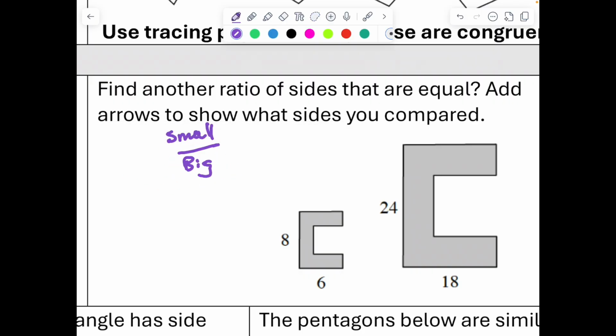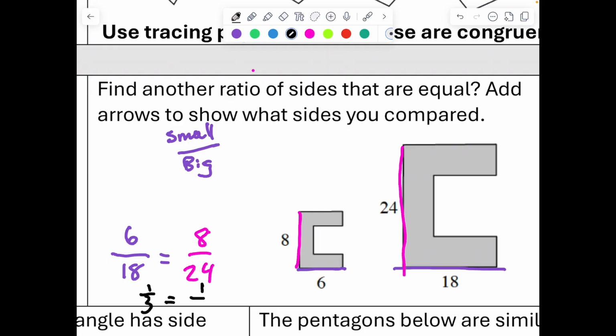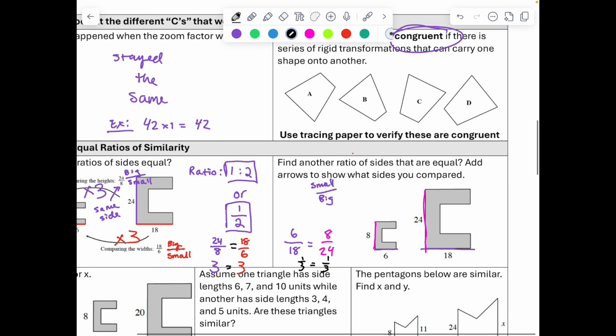So we could start with the small side, 6, and the big side on bottom, 18. And then we could also do 8 and 24. And this becomes 1/3 and 1/3.